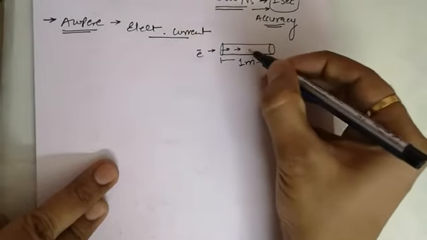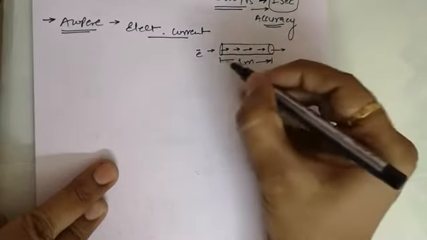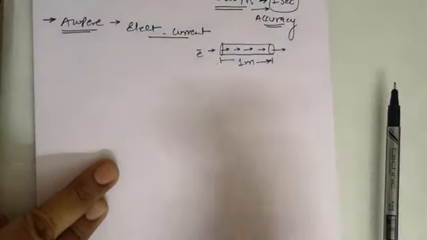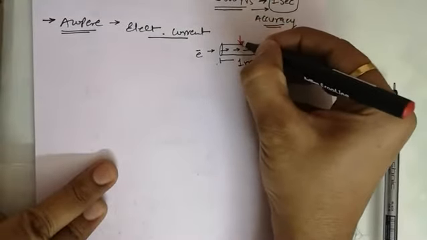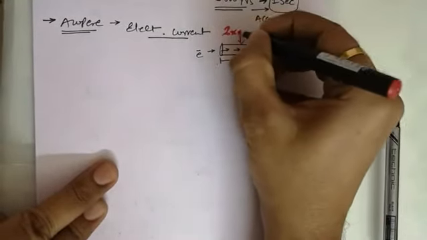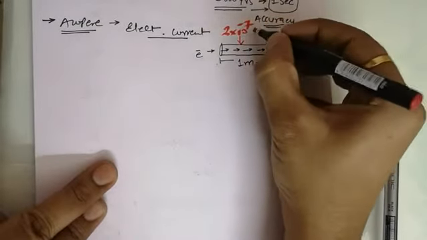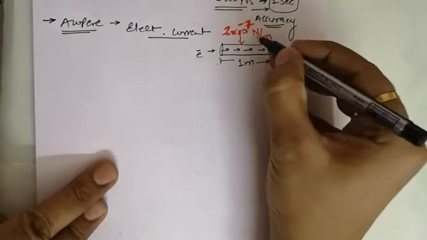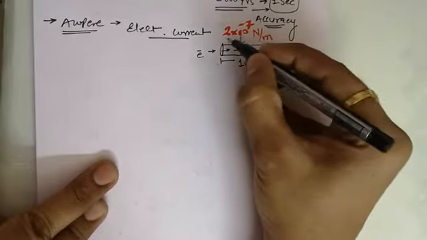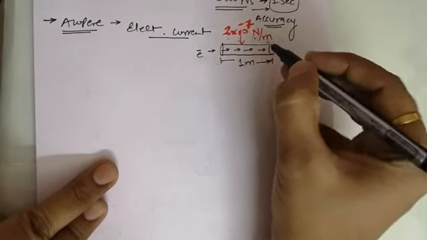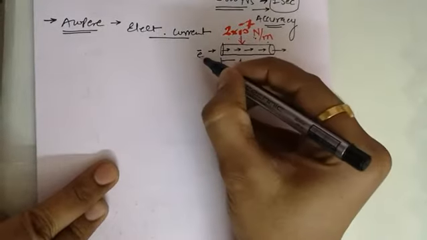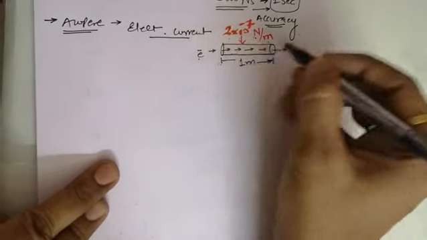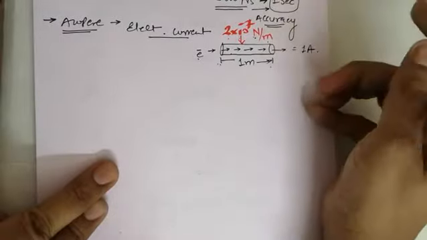Let's say this is the symbol, a representation of electron, and through this length if we apply a force of 2 cross 10 to the power minus 7 Newton per meter. Friends, this is the unit, Newton per meter. It is also a derived unit. So when 2 cross 10 to the power minus 7 Newton per meter is applied on the wire containing electrons, then it is called 1 ampere. Again I am repeating, this is only for our understanding of the units.